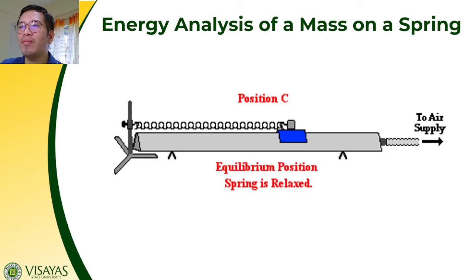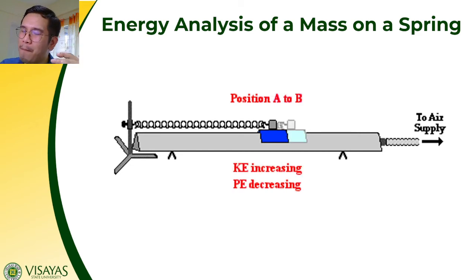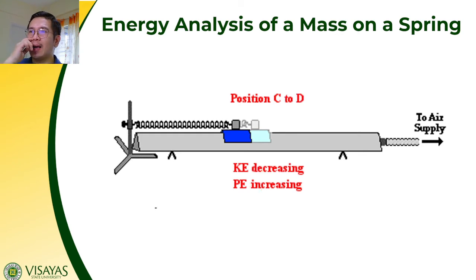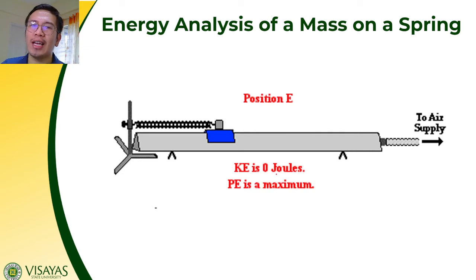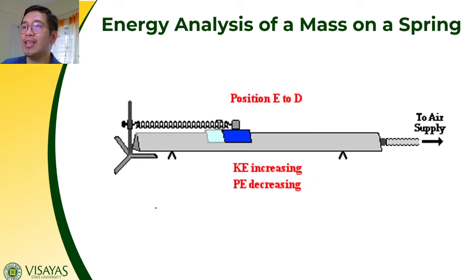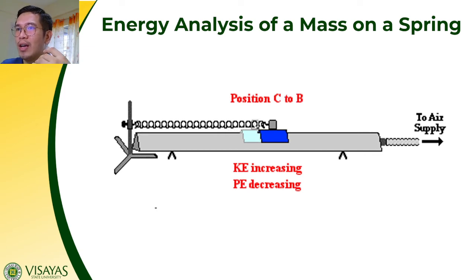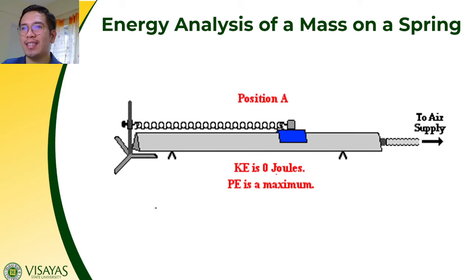So the amount of elastic potential energy at the equilibrium position is always 0 joule. FYI, the unit for potential energy, or for energy in general, is joules. This is the position, the equilibrium position, wherein the potential energy is the least.